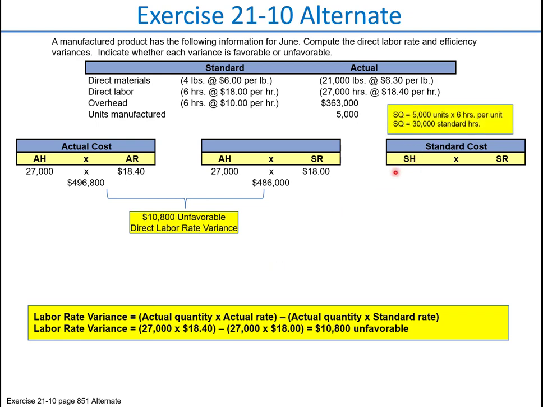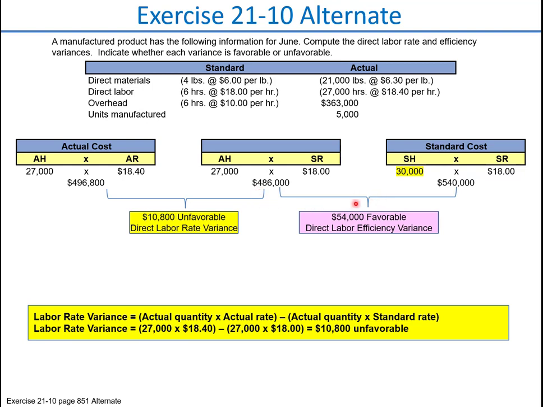For the standard hours allowed, they made 5,000 units. Each unit is allowed 6 hours. 5 times 6 is 30, so they should have spent 30,000 hours, but they only spent 27,000, so this efficiency variance will be favorable.